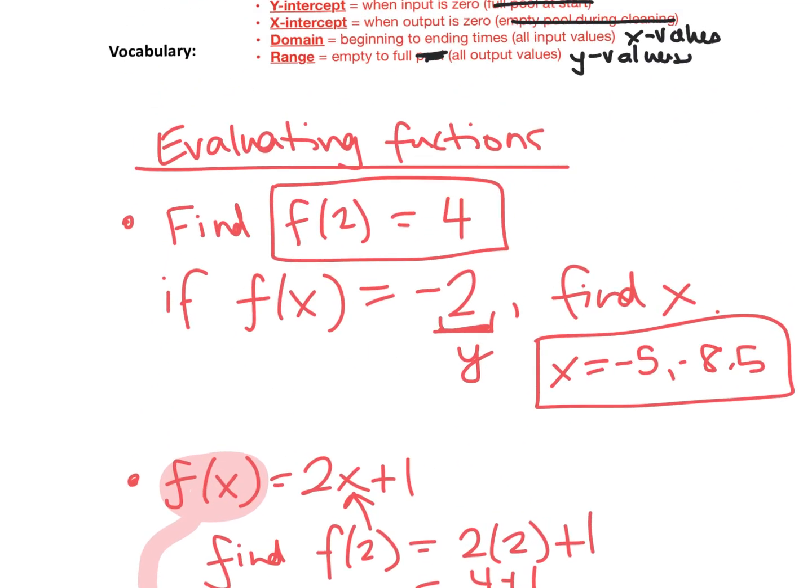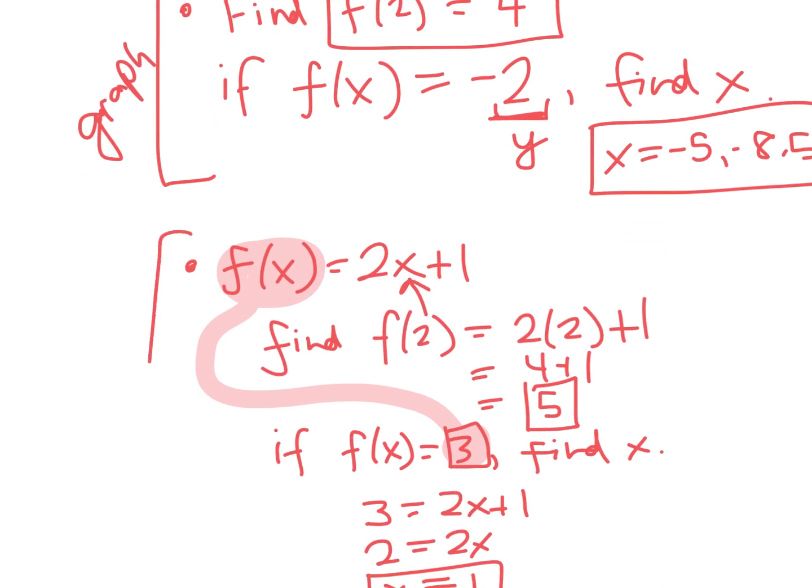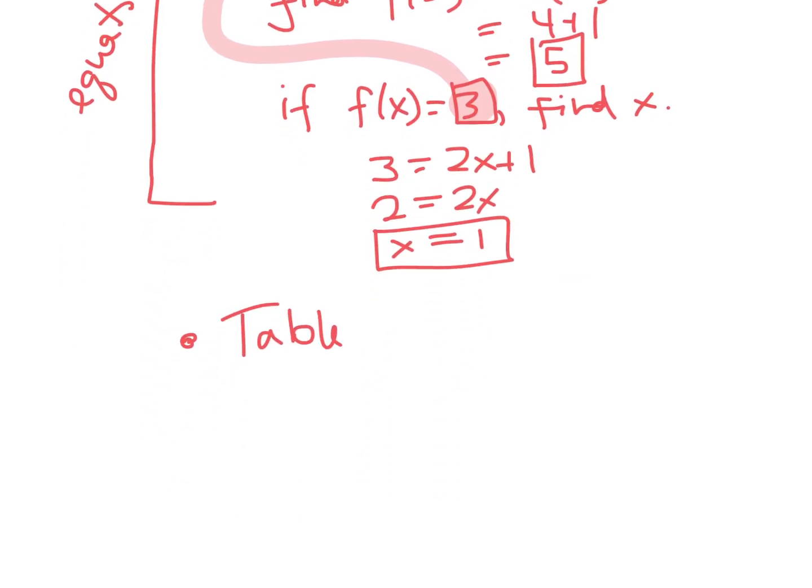So this first example was if we're given a graph, right? And the second example was if we're given an equation. And then our third example is going to be if we're given a table.